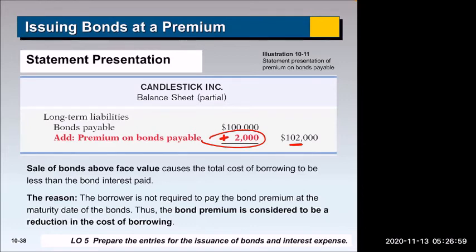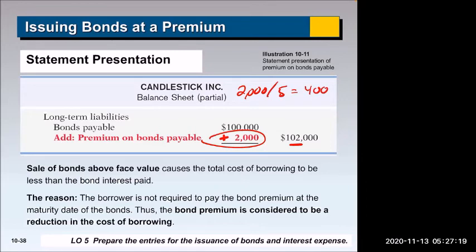The discount amortization actually made my interest expense higher. The premium amortization will actually make my interest expense lower, because I'm going to divide that $2,000 by 5. So $400 per year is going to be recognized as kind of a gain.